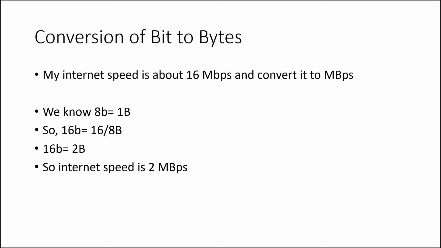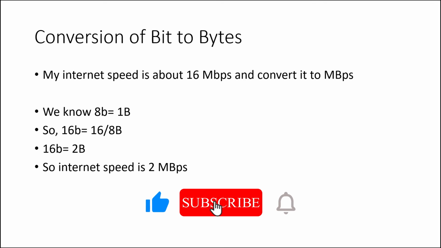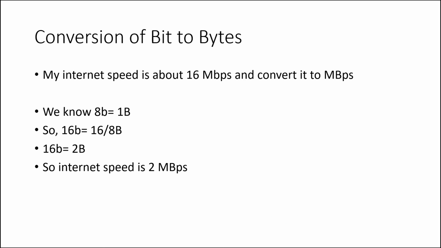You are going to download a 16 megabyte video, but your service provider has mentioned that your speed is 16 MB. You see it that way, 16 MB, so it should take only 1 second. But the truth is the notation is simple b, so they are talking about a 16 megabits per second speed.